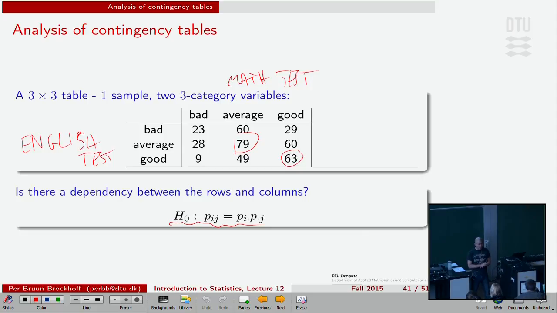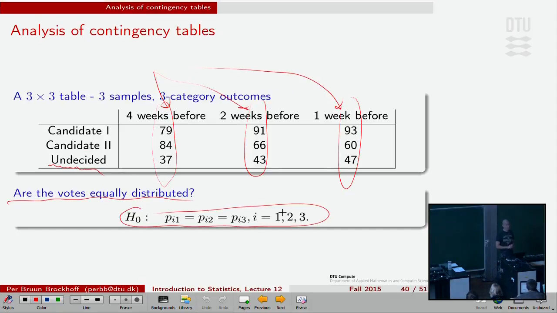The null is that your math skills and English skills are independent. There's no relation. And the alternative is that there is a relation. That could also be a way. And this way of talking about a 3-by-3 table comes from the fact that this 3-by-3 table occurred in a slightly different way than the earlier 3-by-3 table.